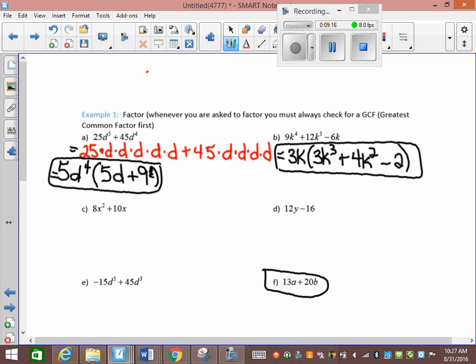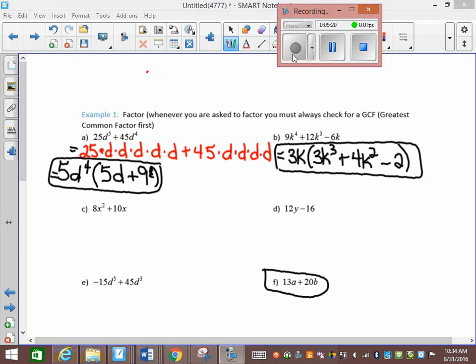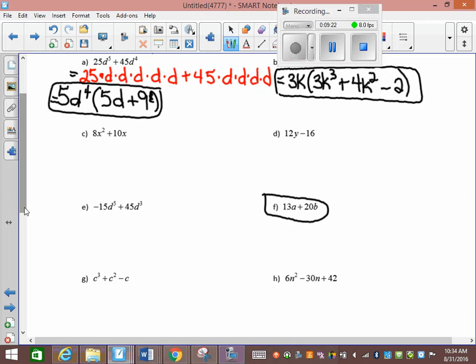There's one more on here that you can try. So 8x squared plus 10x, you can take out a 2x. 8x squared divided by 2x is 4x, plus 10 divided by 2 is 5. x divided by x cancels.